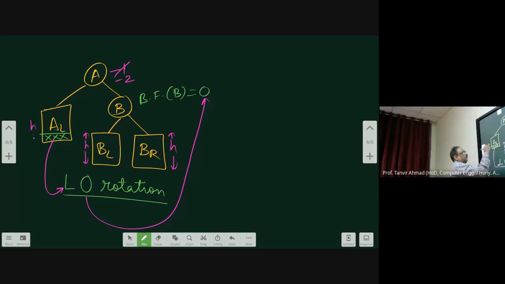This was h. After deletion, now this has become h minus 1. And now the balance factor of A has changed from -1 to -2. But you check B and you find that this is 0. Apply L0. And similarly, you can do all the other cases the same way.